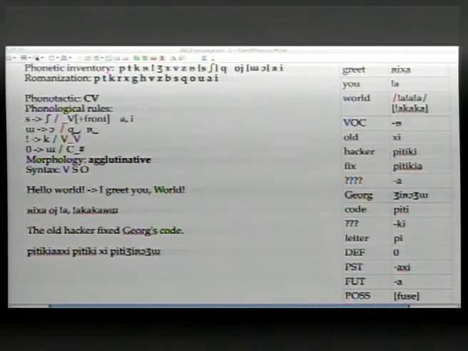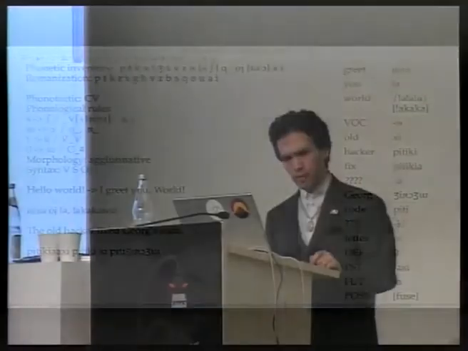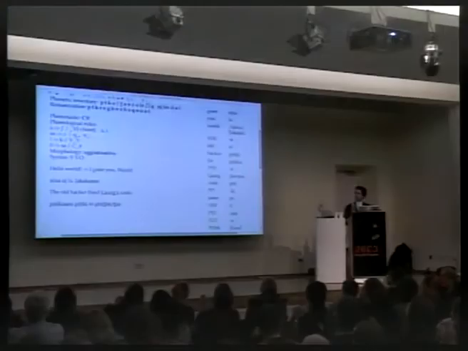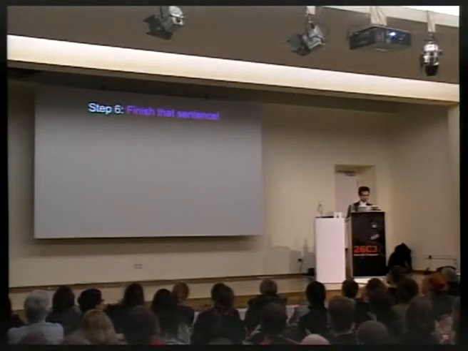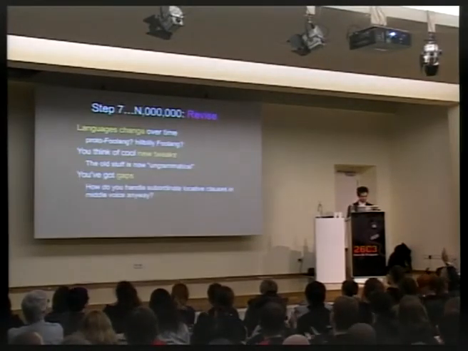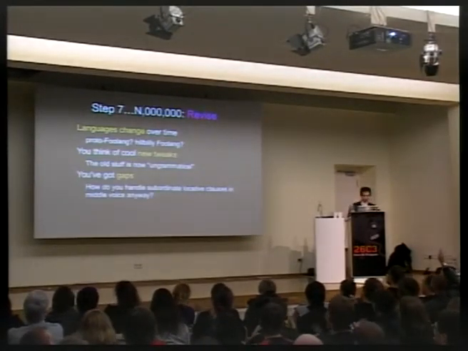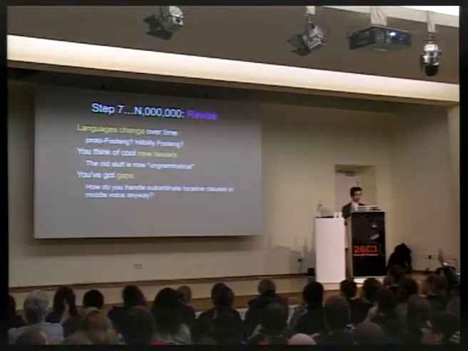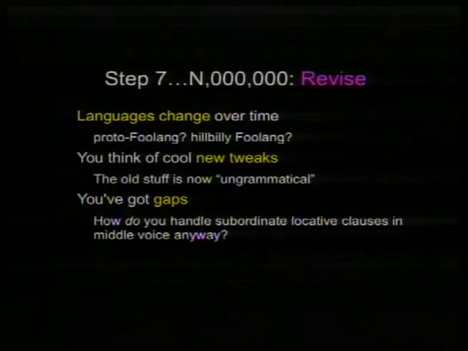So the old hacker fixed Georg's code is PTKIAHI, PTG. Okay, that's not bad for 30 minutes.